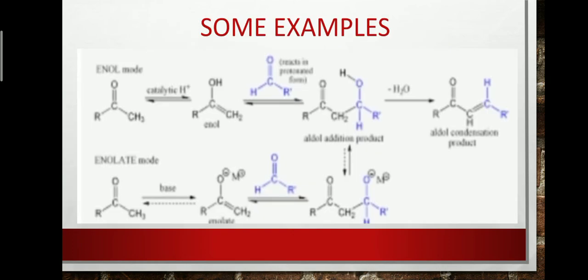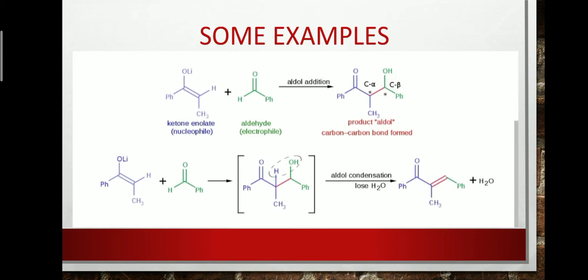So these are some of the examples of aldol condensation. Whenever you see two carbonyl groups in the presence of a base, and the carbonyl group has an alpha hydrogen, you can come to the conclusion it will undergo aldol condensation. So look at here.